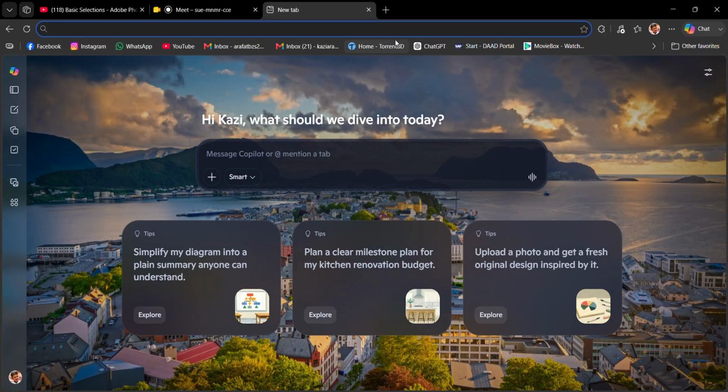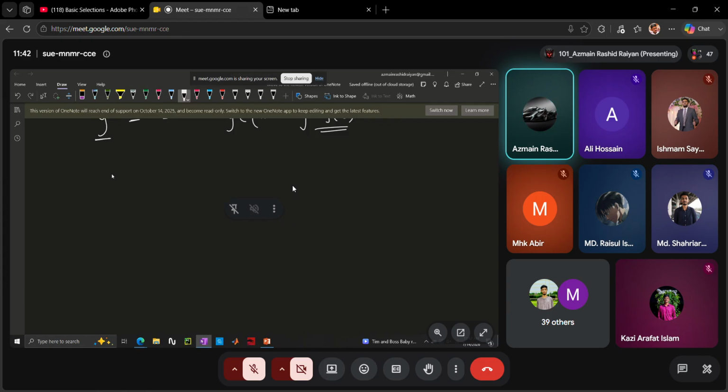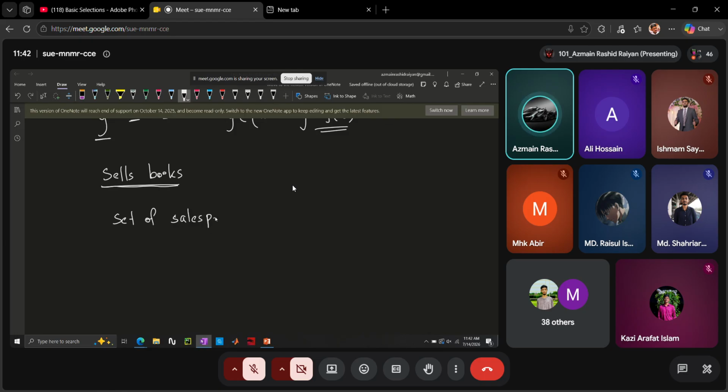We might be given a set of data. Let's say I am running a company which sells books. I have a set of salespeople who sell the books, and I have statistics on the number of books sold.